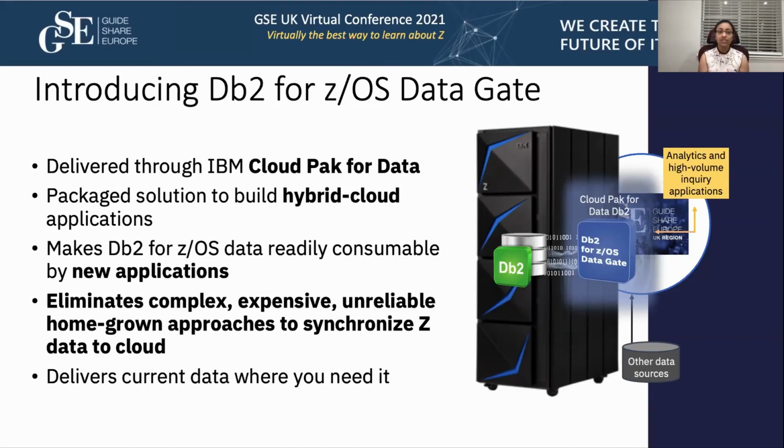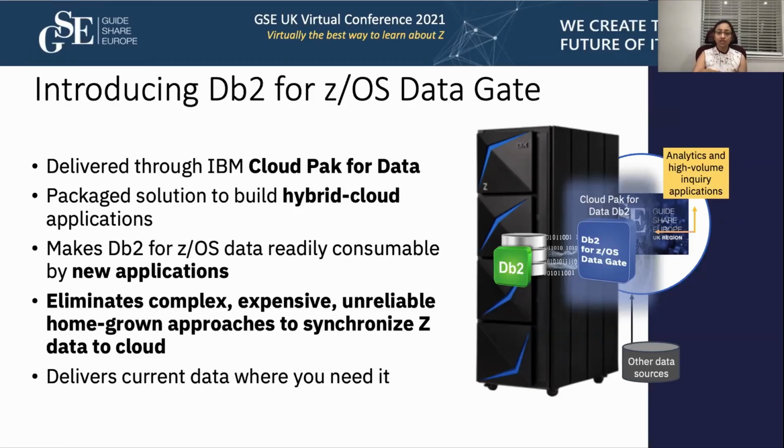Some organizations have actually built custom extract, transform, and load ETL jobs to make Db2Z data available on the cloud. While this may look like a good short-term move, there are concerns with security as soon as the data is moved off the platform. And in addition to that, there is always a concern about increased cost of these solutions on Z, MIPS usage, and in general, expensive maintenance over time.